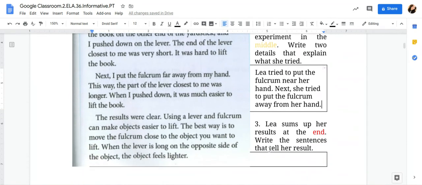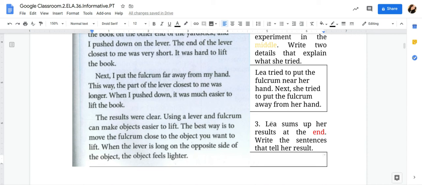Good job, scholars. Number 3, Leah sums up her results at the end. Write a sentence that tells her results. I want you to do this one by yourself. I want you to sum up this last part.